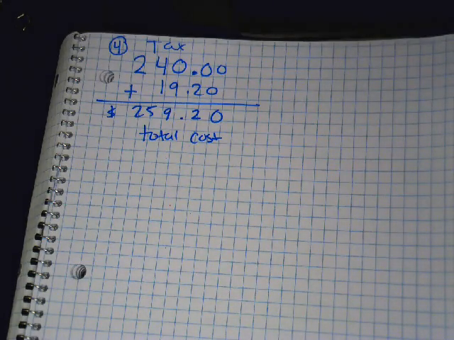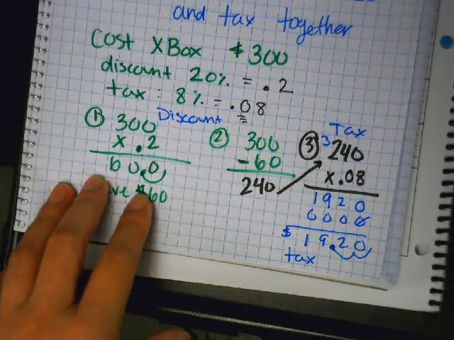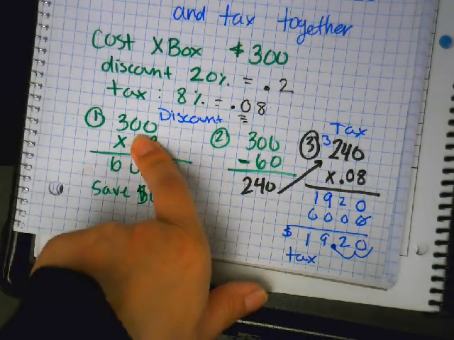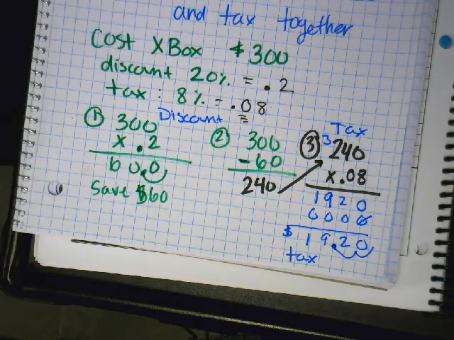So you do discount, right? And you get your new answer, and you do tax on the new one. The only thing that I know of that you get taxed on the original cost is cell phones.